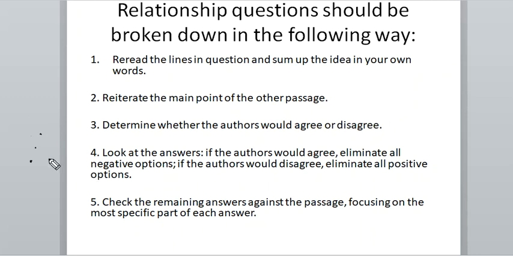Remember, after excluding the positive answers or the negative answers, you dissect each answer you are left with thoroughly and deliberately. And this is it for relationship and inferencing types of questions.